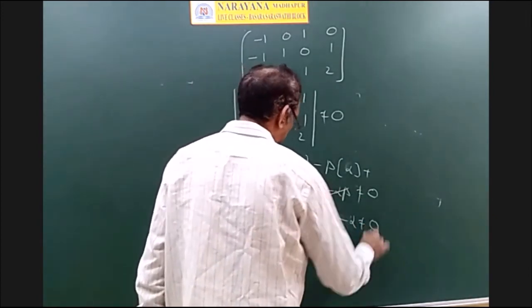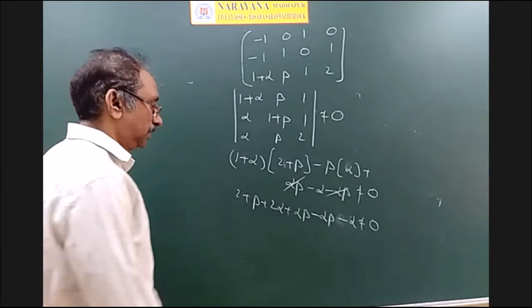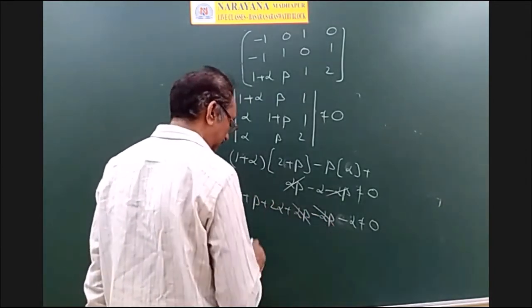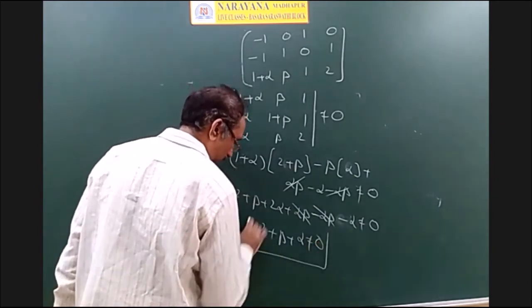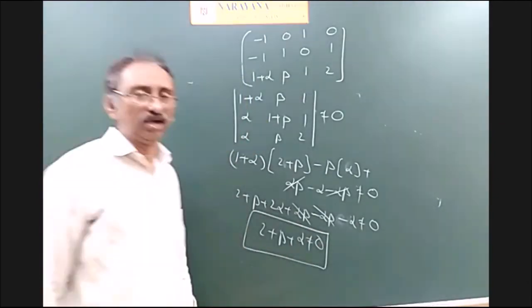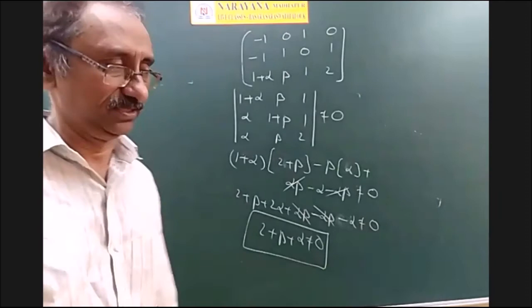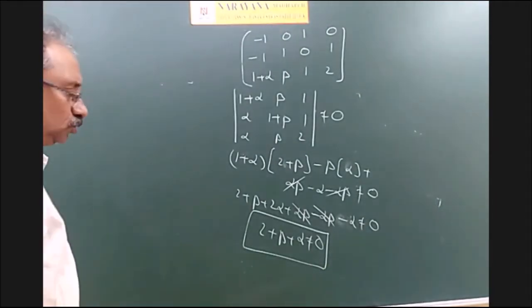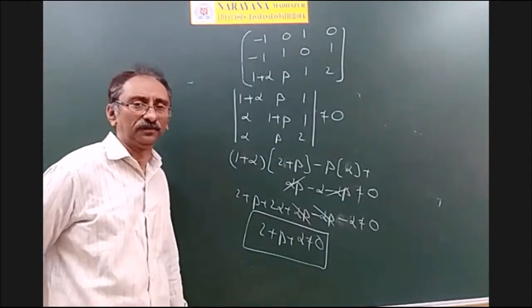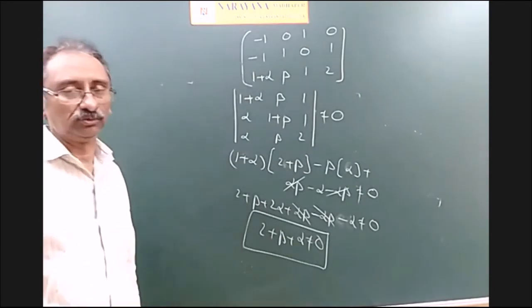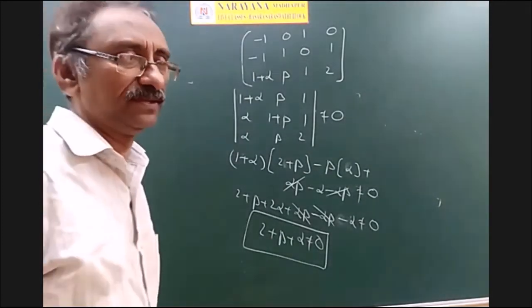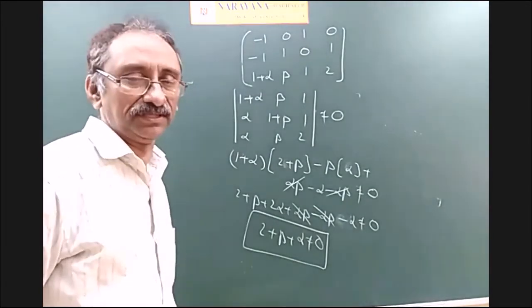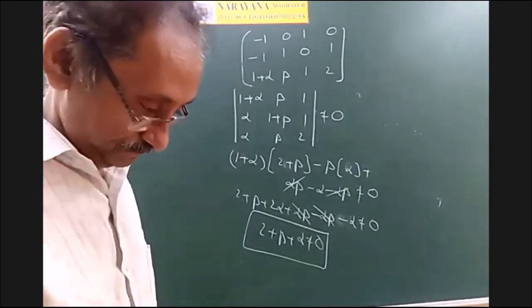Minus alpha not equal to 0. And alpha beta cancelled. So 2 plus beta plus alpha not equal to 0. See, we easily got this using the determinant process. That means no single procedure is the best one for doing problems. Sometimes it is better to use the rank method, sometimes the determinant method. Okay. Okay now? Yes, thank you.